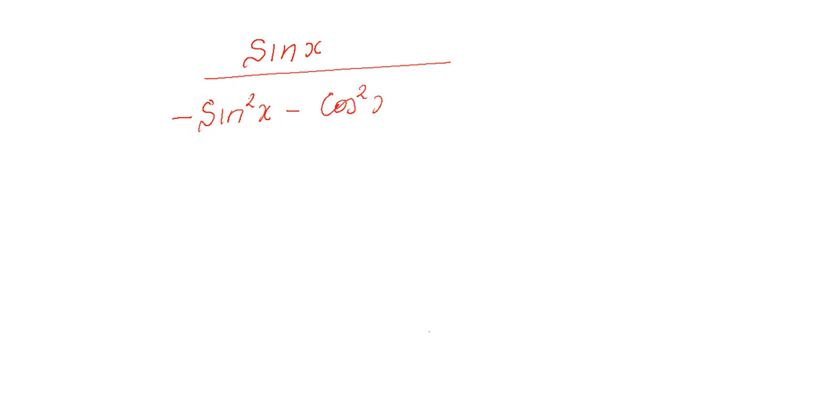So we know that in the denominator, sin squared plus cos squared gives us 1. We know from the quotient identity that sin squared x plus cos squared x is going to give us 1.